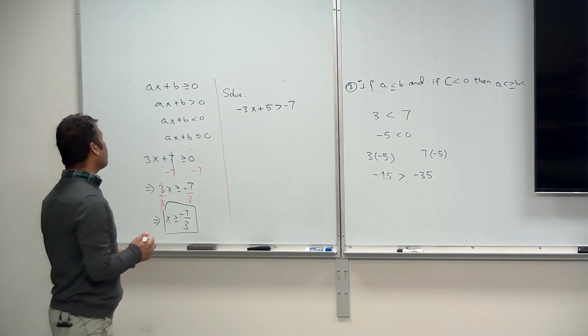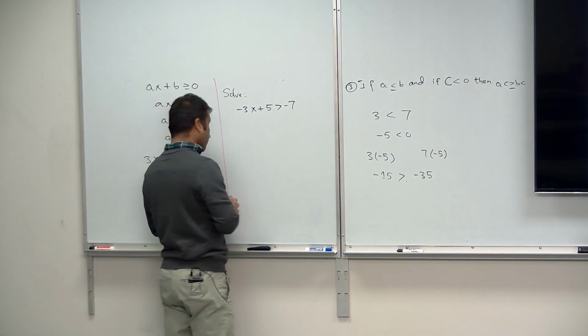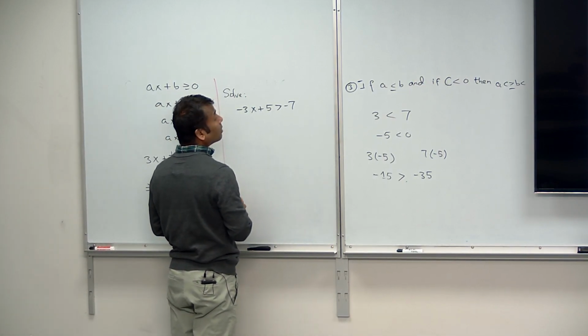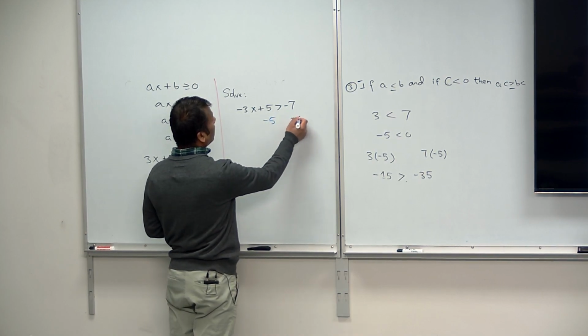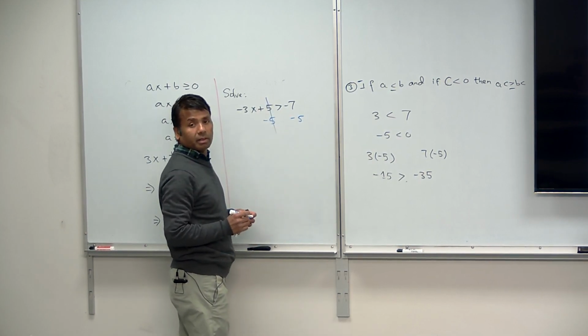Exactly. Subtract 5 from both sides, because you want to isolate x, right? So you subtract 5 from both sides, and you cross them out.